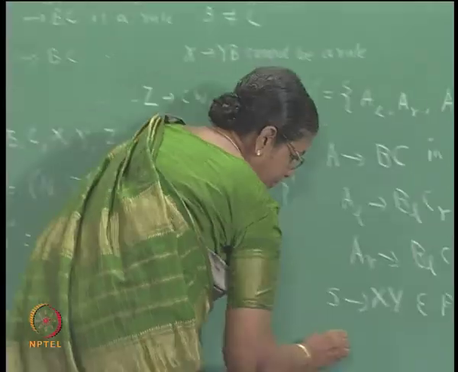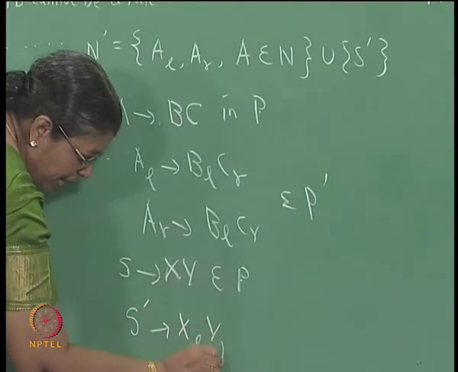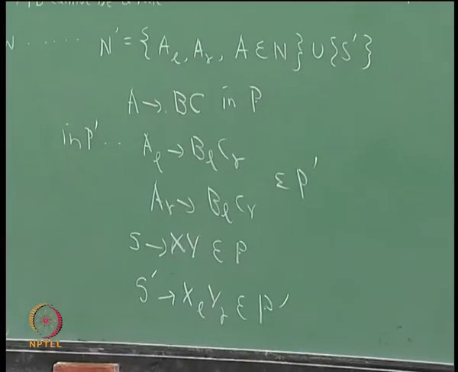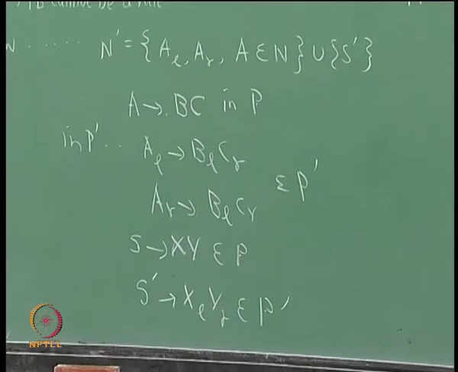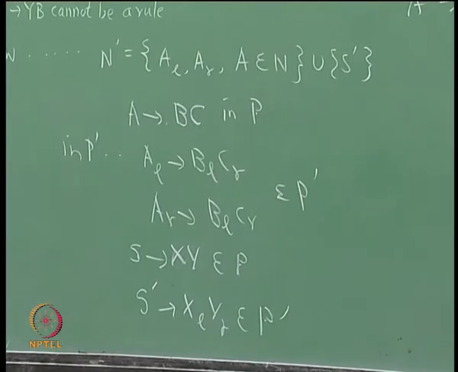Apart from that, you also have S dash goes to XLYR in P dash. Right. This will make sure that whatever symbol is occurring as the first symbol on the left hand side will not occur as the second symbol, and whatever is appearing as second symbol will not occur as the first symbol, that is all.